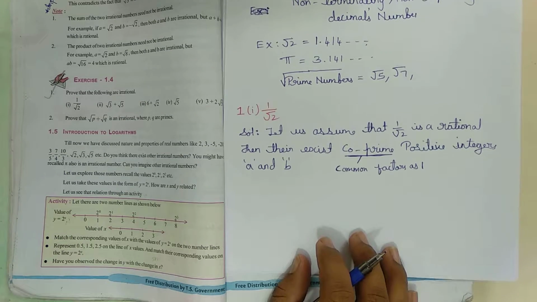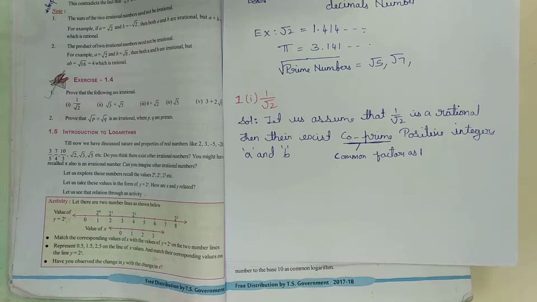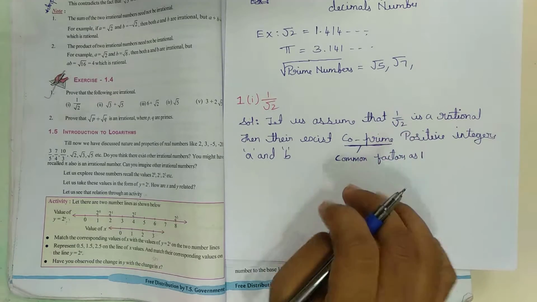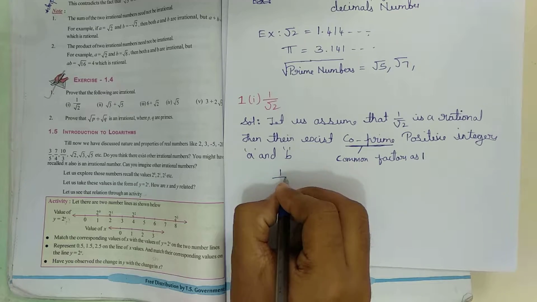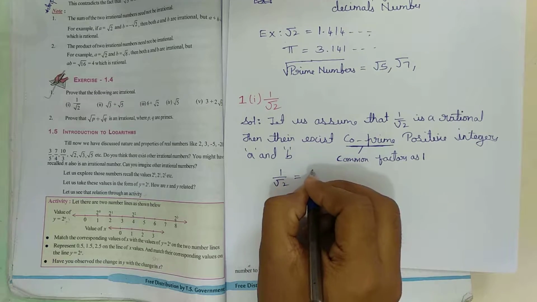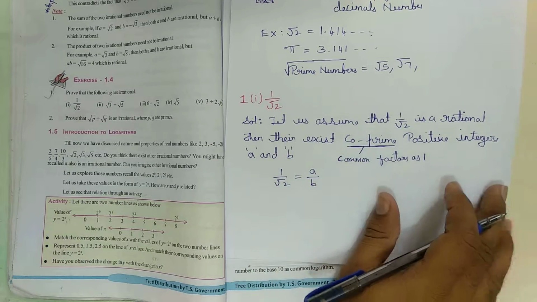Then we can say 1 by root 2 equals a by b, since rational numbers are in the form of p by q.